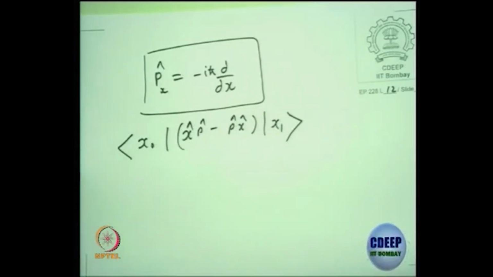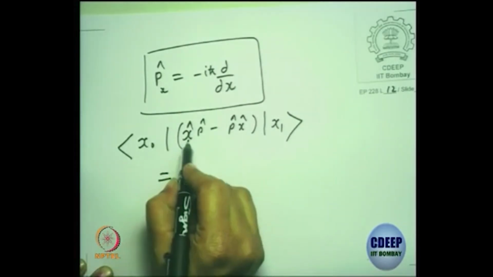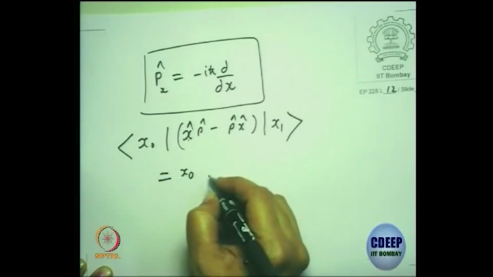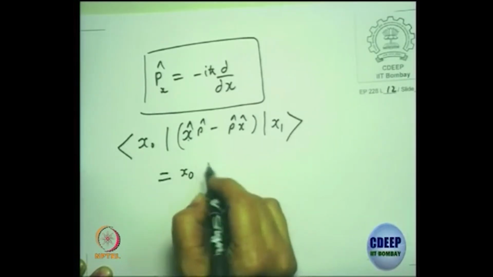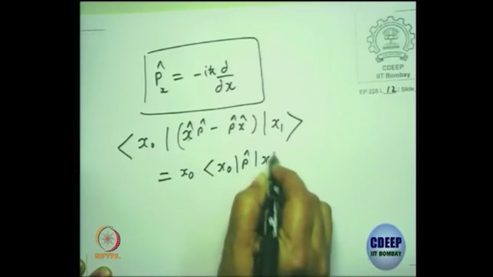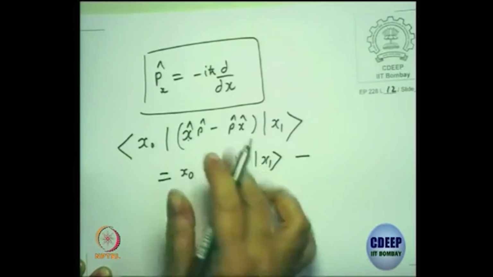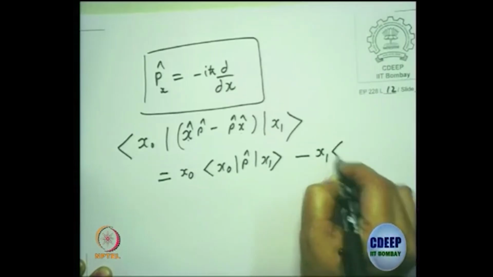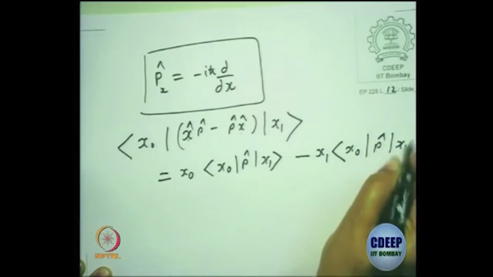What is this value going to be? x on x0 is x0, that is an eigenvalue, right, with x0 p operator x1, minus, this x with x1 will be minus x1, x0 p operator x1.